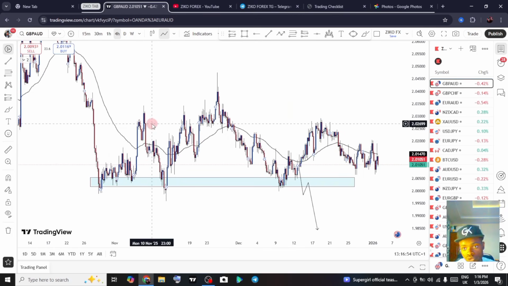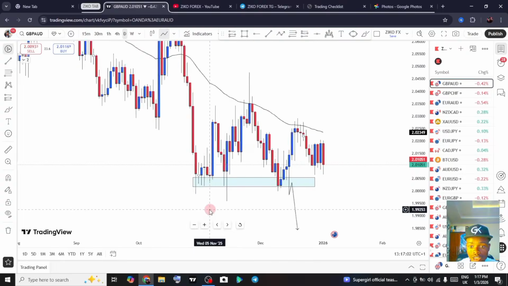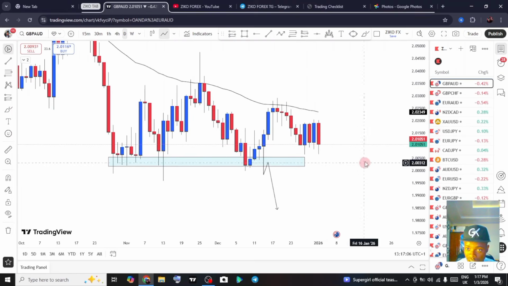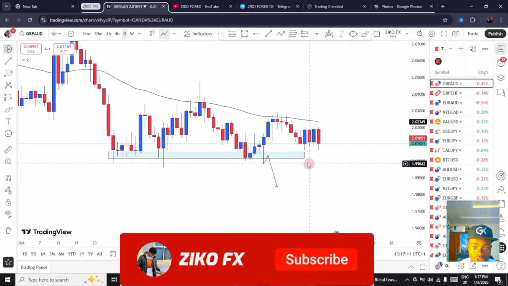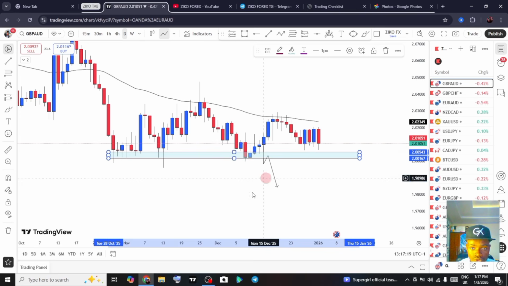So what we are looking for next is an area where we can sell from, since we know that on this market we are supposed to be selling. Right here, we have a minor area of interest, which has basically 1, 2, 3, 4 tags from this area.